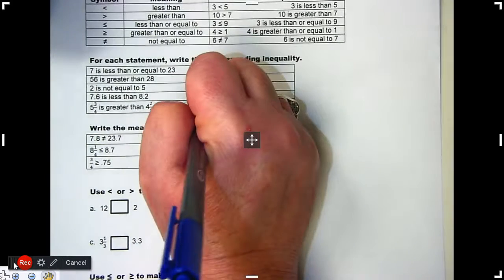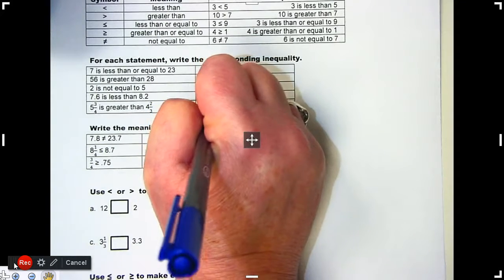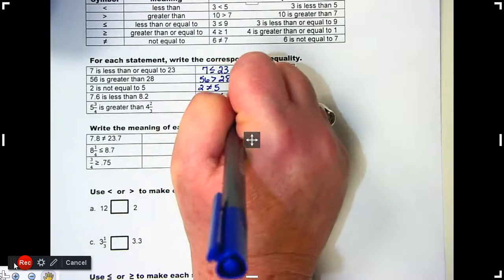And the last one, 5 3/4 is greater than 4 2/3.